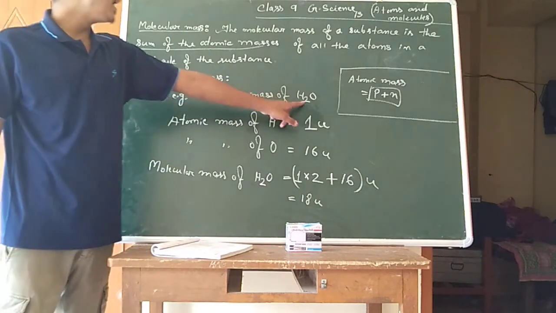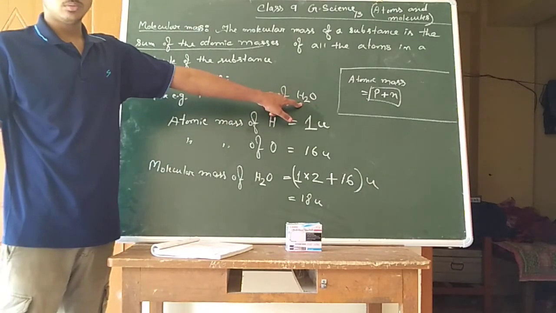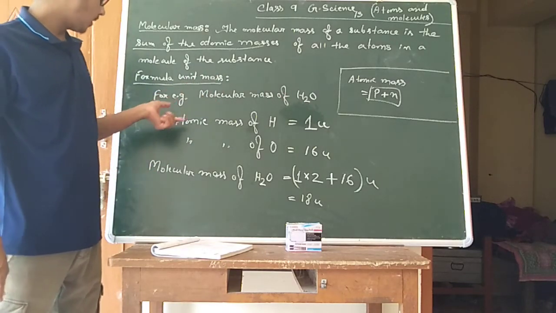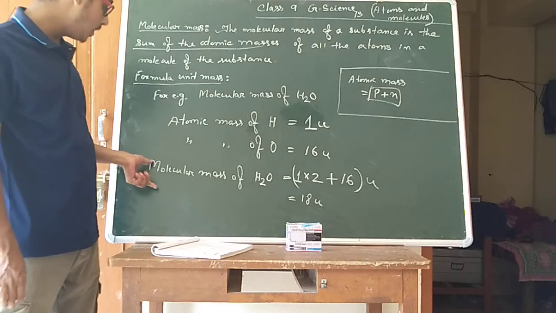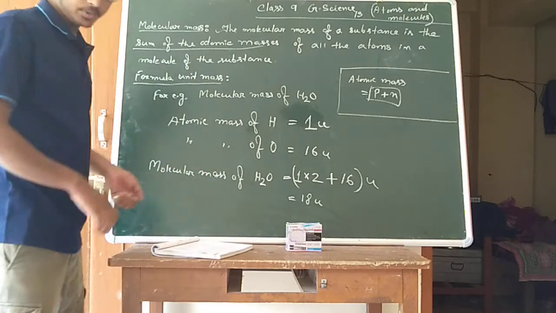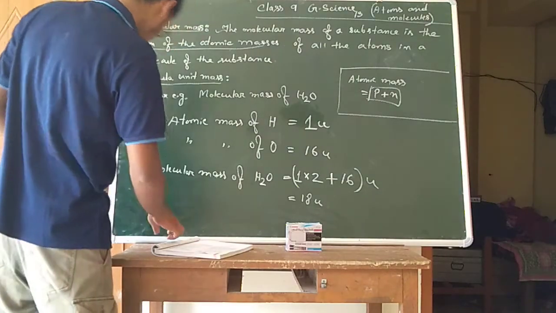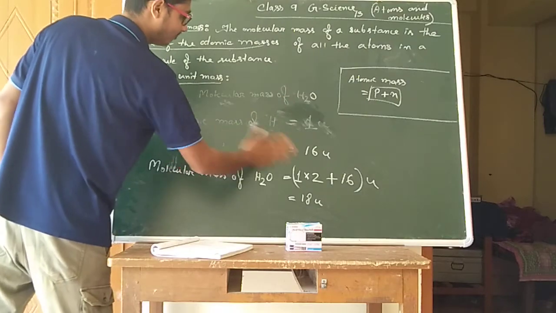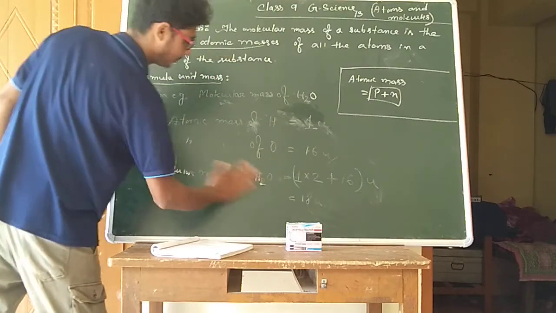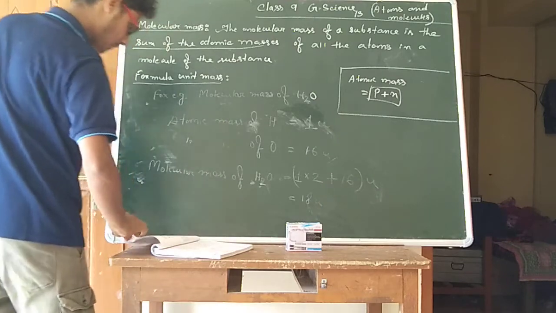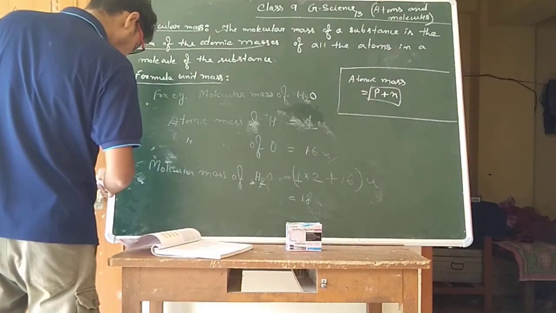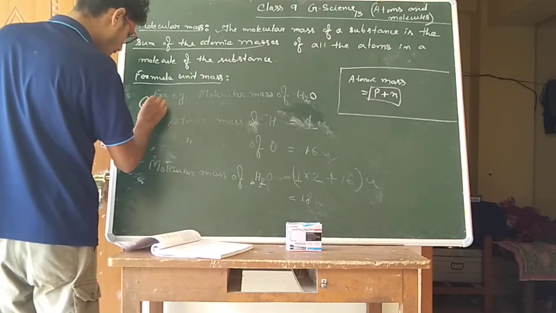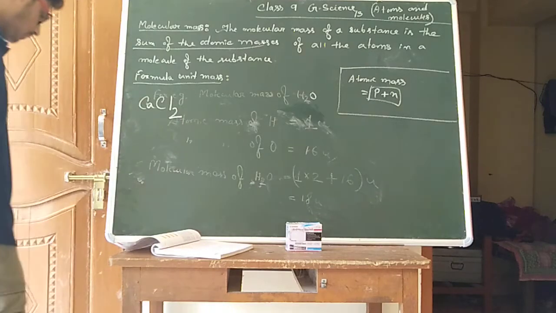Here you see H2O is a non-ionic compound, so we use the term molecular mass. For another example, let us take an ionic compound, where the constituent particles are ions: calcium chloride.